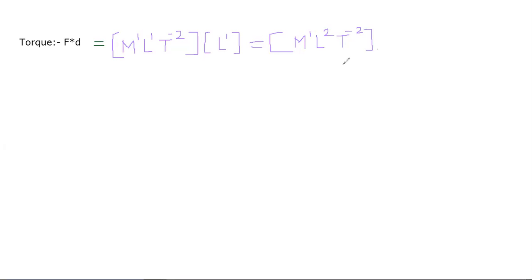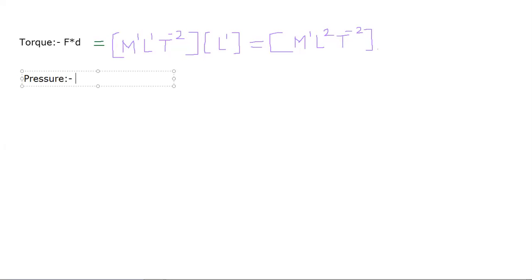Okay. So M1 L2 t raised to power minus 2. After that, there is one more quantity, and that is the pressure, right? In fluid mechanics also, we have this quantity, that is the pressure.